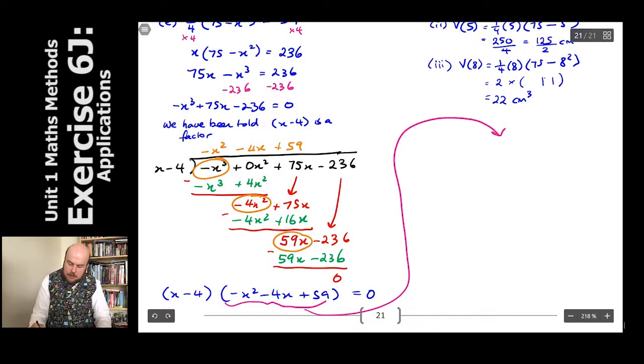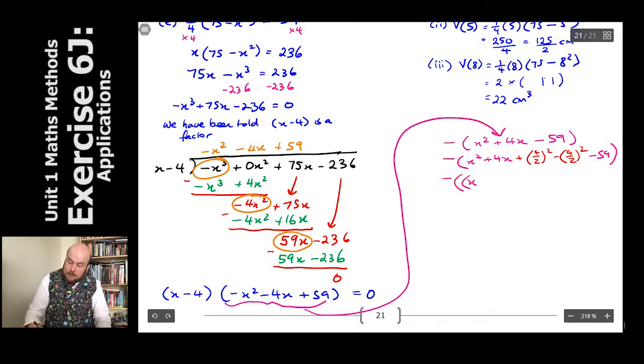So what I'm going to do is take the minus out, and complete the square here. So we're going to plus 4 over 2 squared minus 4 over 2 squared minus 59.